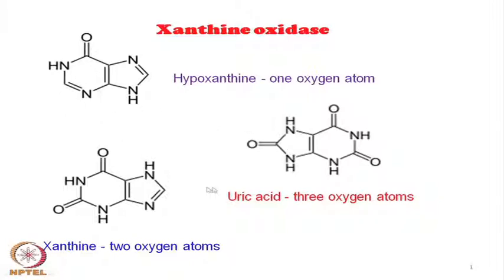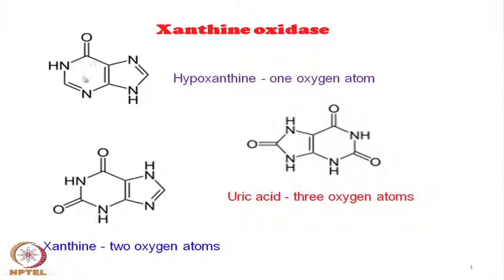So, basically we will just focus our attention on this particular conversion, because the conversion of xanthine to uric acid is really very important to study, because this hydroxylation reaction and that oxygen atom transfer reaction is taking place on this particular carbon.